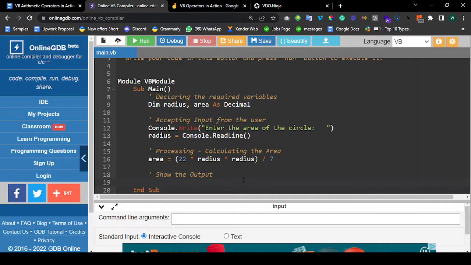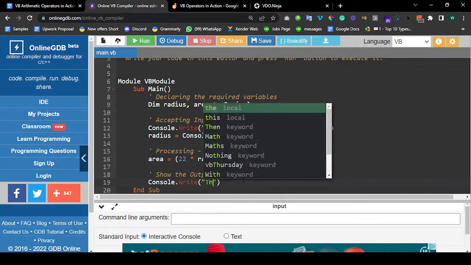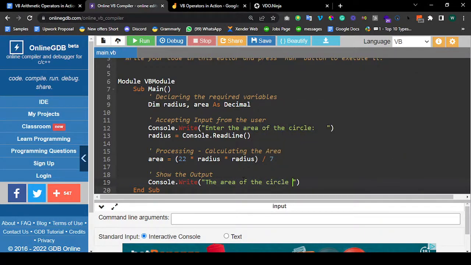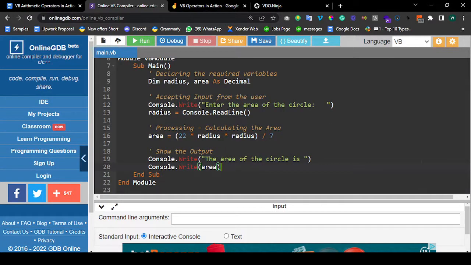So showing the output, what you want to do is console.write the area of the circle is, put a space, then console.write again area. So I think this should work.